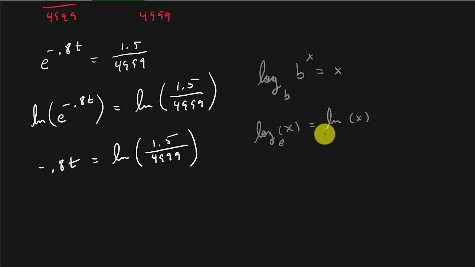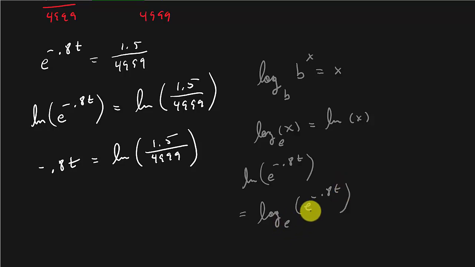That's all it is. So what do we have here? We have the natural log of e to the negative 0.8t. That's this left-hand side. Well, remember, ln is log base e. So that can be written as log base e of e to the negative 0.8t.